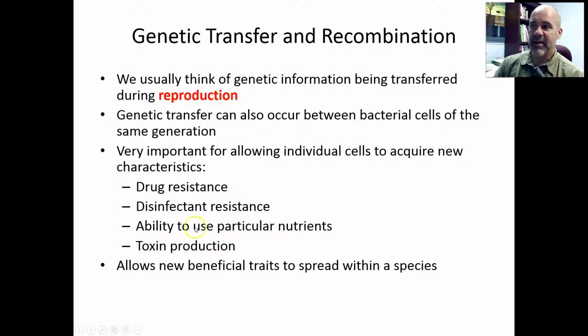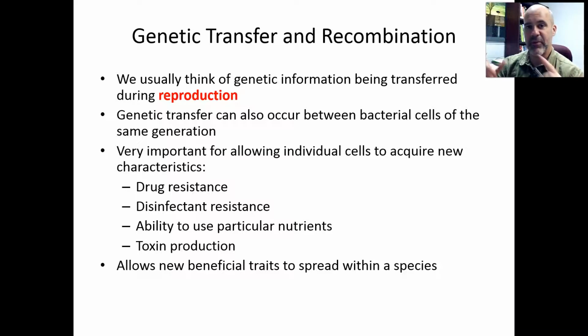Disinfectant resistance, the ability to use certain kinds of nutrients, production of toxins, as we'll see when we get into Chapter 11, the bacteria that make us sick, they very often do it because they produce toxins of various kinds. And so those are usually proteins that are damaging to our bodies. And since they're proteins, they're going to have genes that code for them.